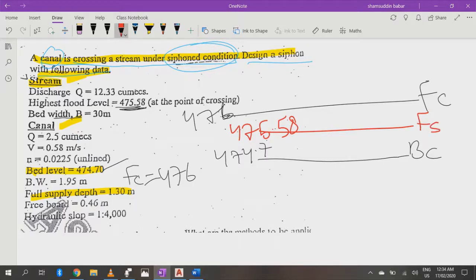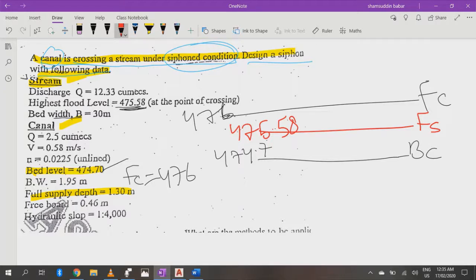So I come to know that the full supply level of the stream is above the bed level of the canal. So we are supposed to provide a siphon so that this canal can pass, because it is given in the question.